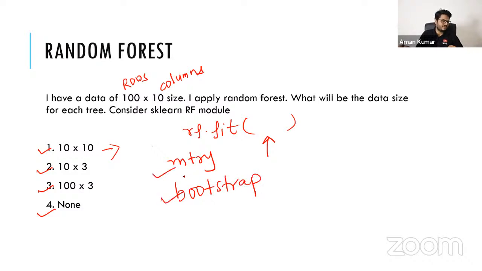See these two parameters. Yes, Hershey is saying it will choose at random. However, out of 100 rows and 10 columns, how many random will be chosen is my question.